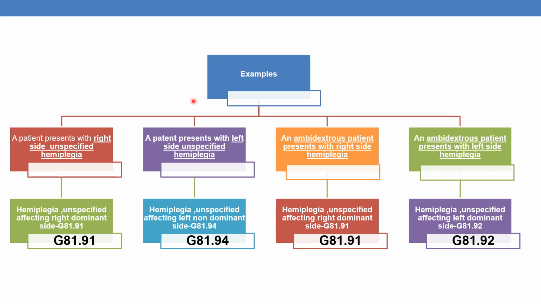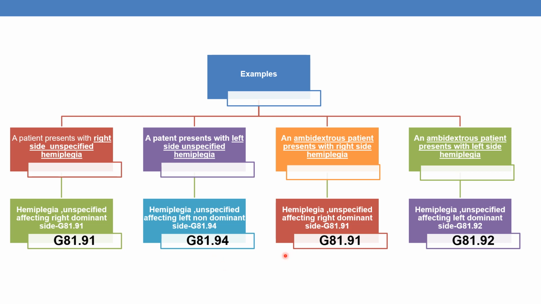Second case, a patient presents with left side unspecified hemiplegia. Here also it is not documented whether it is dominant or non-dominant, and it is not documented whether the patient is right-handed or left-handed. Whenever the left side is affected, by default you need to code non-dominant side. So hemiplegia unspecified affecting left non-dominant side, the appropriate code is G81.94.